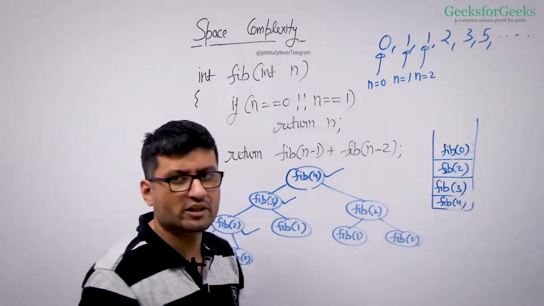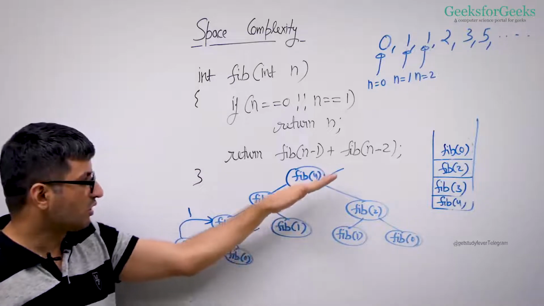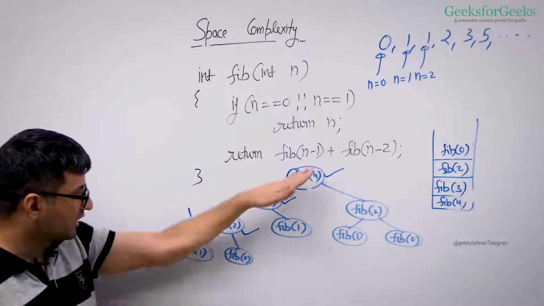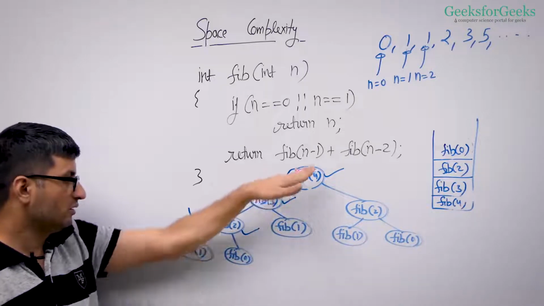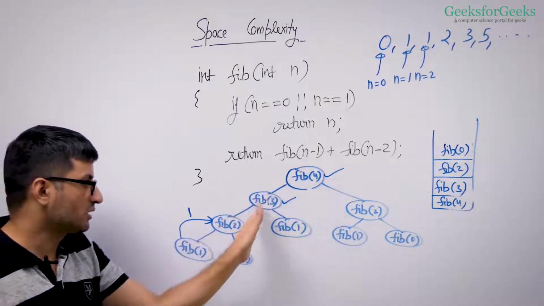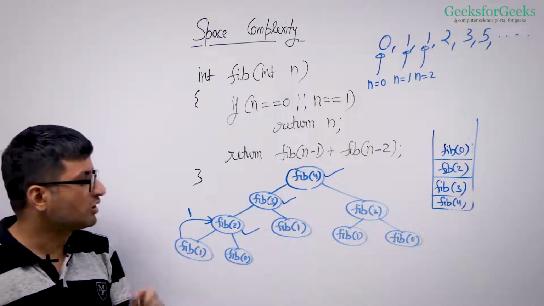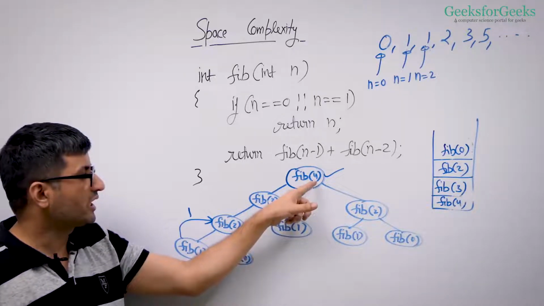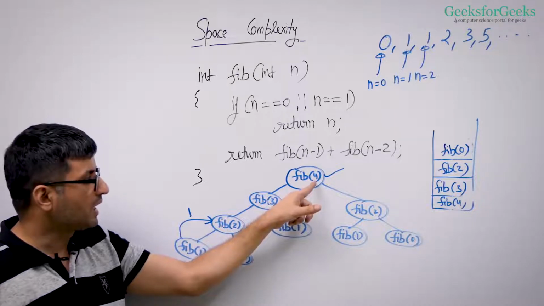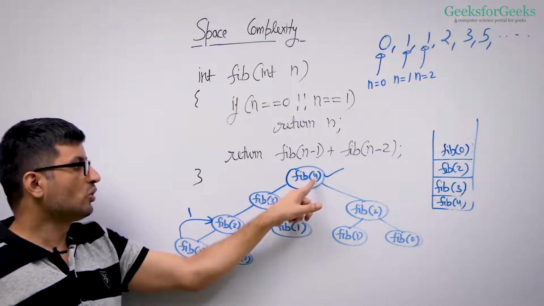And you can notice that before Fibonacci 0 was called, all these calls along the height were there in the recursion call stack. Now this path is there in the recursion call stack. So at any moment, the function calls you have in the recursion call stack are a path from root to leaf.